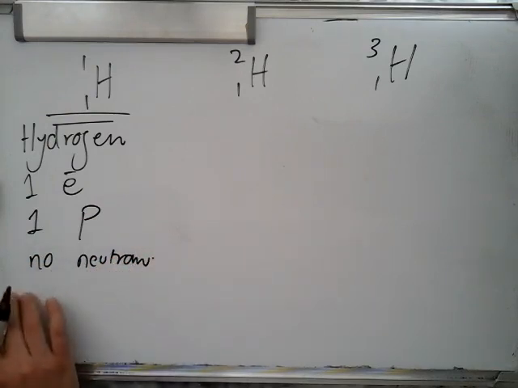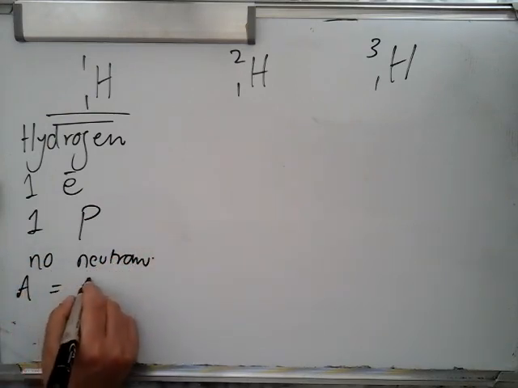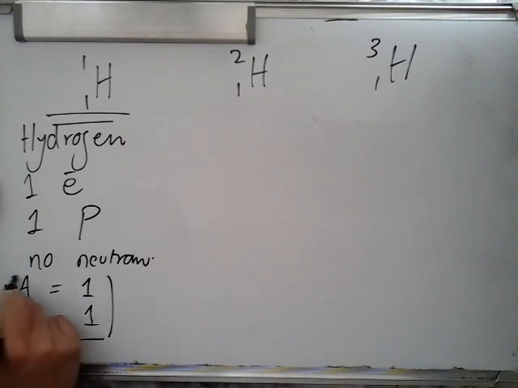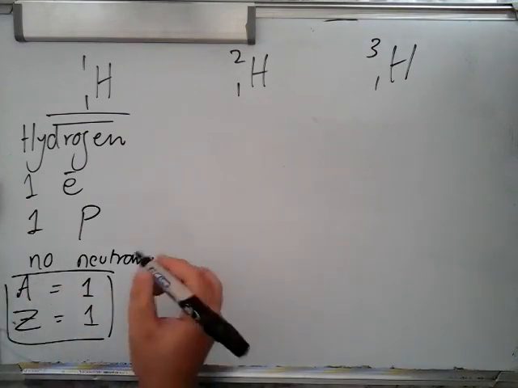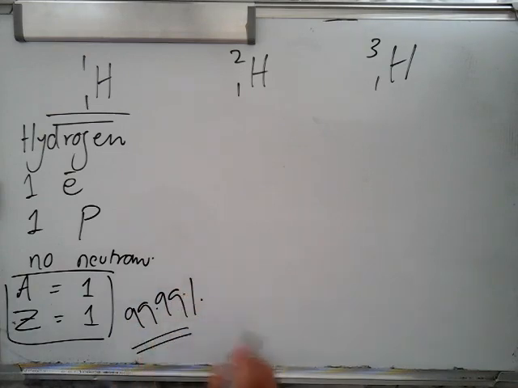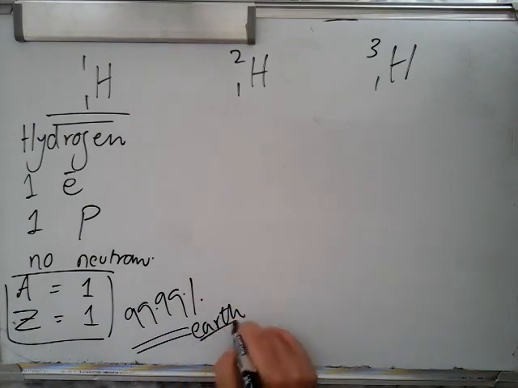So its mass number is 1 and its atomic number is also 1. Is that clear? Its percentage is 99.99%. This percentage composition is on Earth.